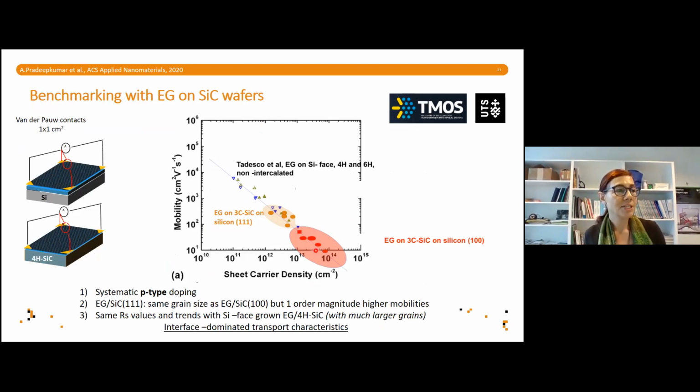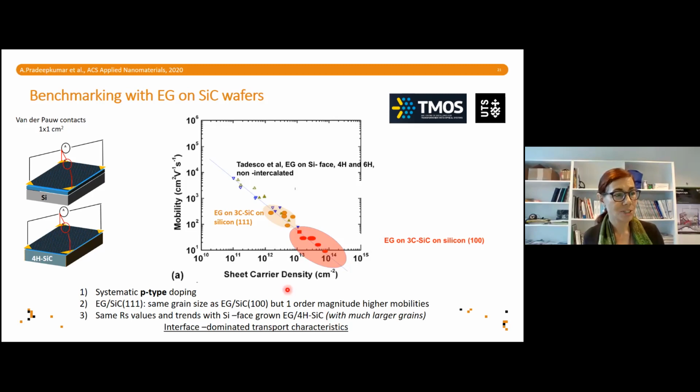Particularly when you look at this graph, you have here mobility versus sheet carrier density. This is, as I said, the difference between ideal and practical graphene. Every time you have supported graphene, it will behave like that.